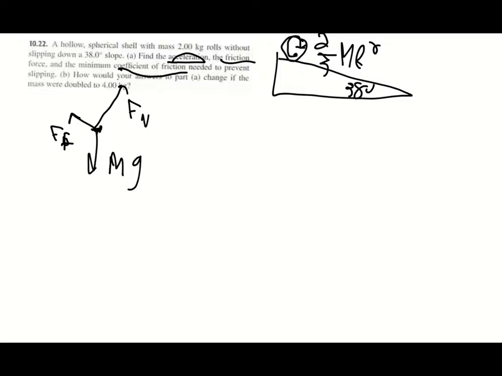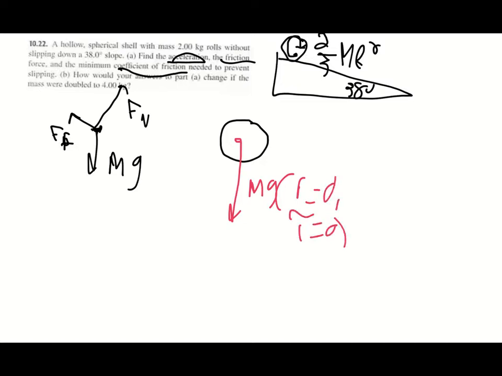Since it's rotating, let's take a look at where the forces are applied, because that lets us know if there is going to be a torque from any of those forces. Gravity is applied from the center, so its radius is going to be 0. That means that the torque applied will also be 0.